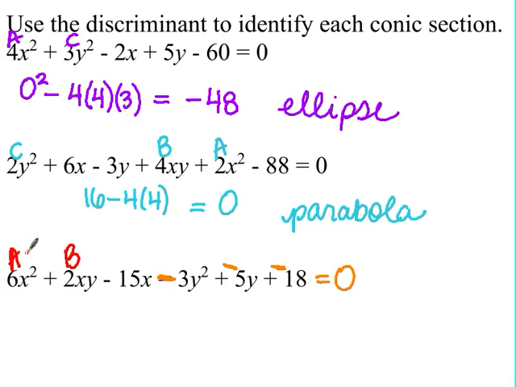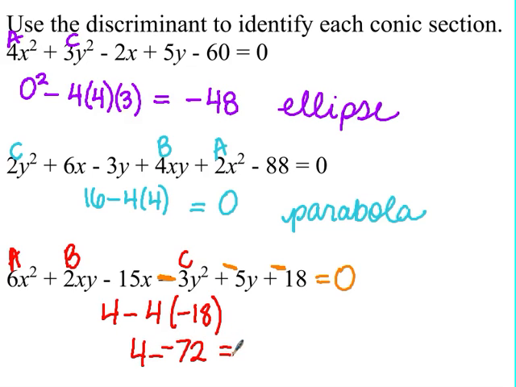What is C? Negative 3. So we have B squared, which is 4. Somebody already said that. Minus 4. What is A times C? Yep, negative 18. So what is 4 minus negative 72? 76. So what is this? It's a hyperbola.